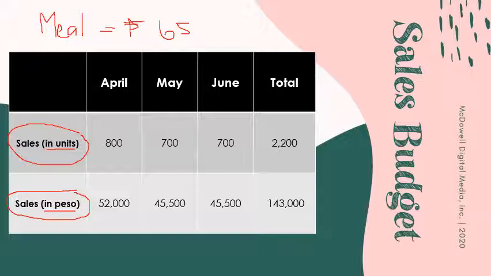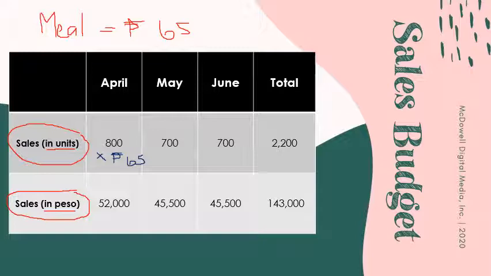So, paano gagawin? So, you have here the number of units times the price. So, magkano yung price natin? That is the 65 pesos. So, ang magiging sagot dito will be your sales in peso. So, 800 times 65, you have here 52,000.